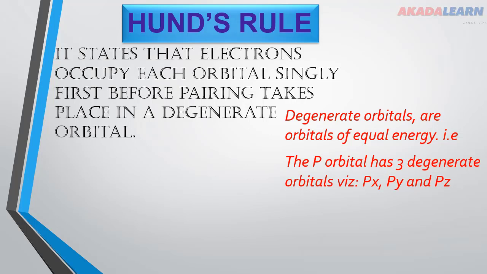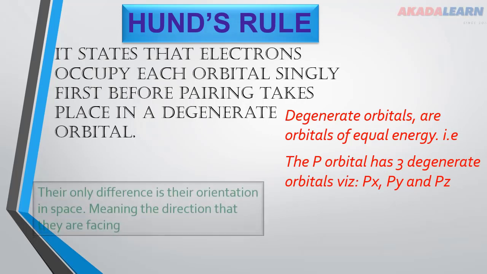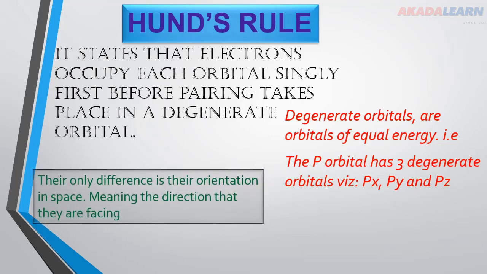They are all p orbitals. They are equal in everything except their orientation in space, their direction in space. Their only difference, like I just mentioned, is their orientation in space, the direction which they are facing.